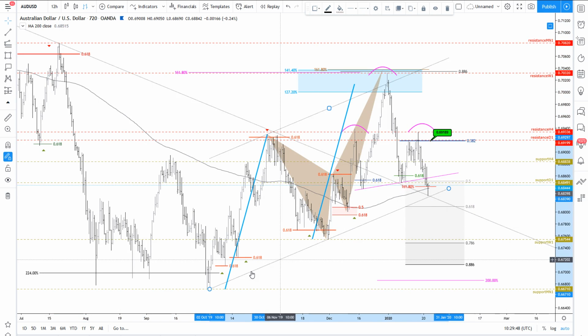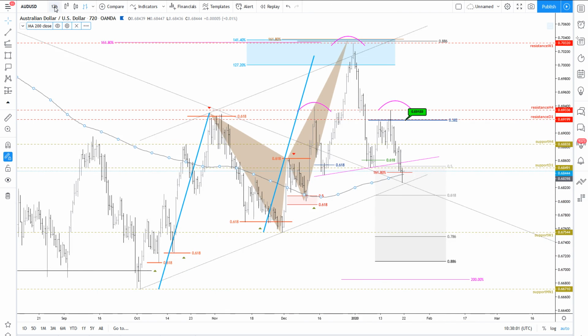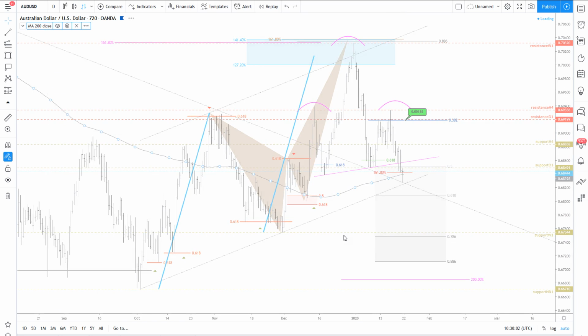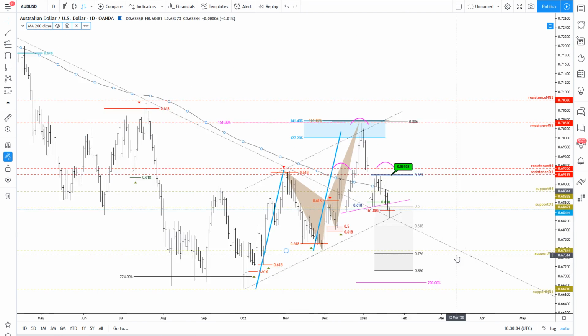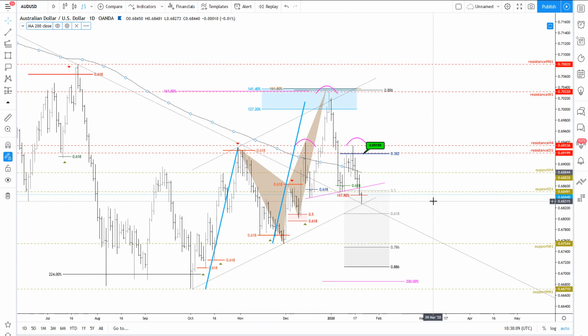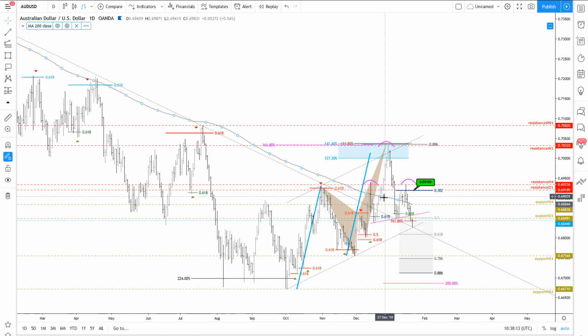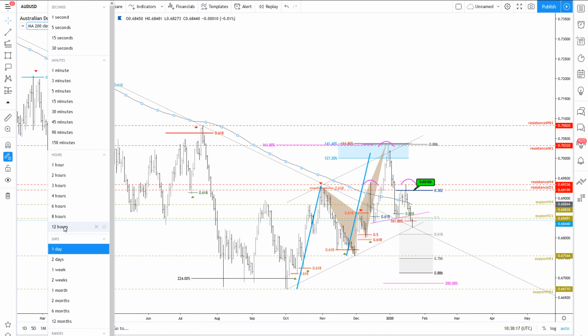And we have this ascending trend line as support also, eventually being reinforced at this point and well supported by the 200 moving average. Actually, let me see what we have on a daily perspective. On a daily time frame, we're still trading below that 200 moving average, and the recovery of that moving average should trigger more upside momentum also.